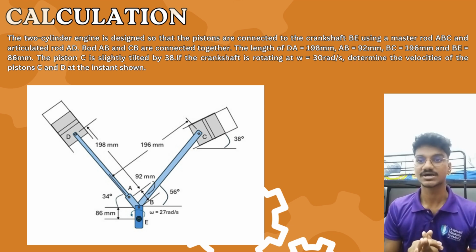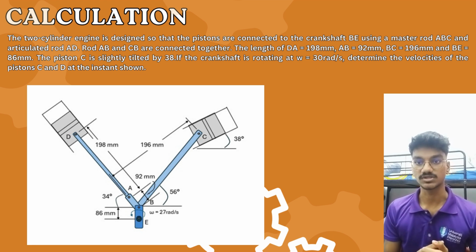So the question is, the two-cylinder engine is designed so that the pistons are connected to the crankshaft BE using a master rod ABC and an articulated rod AD. Rods AB and CB are connected together. The length of DA equals 198 mm, AB equals 92 mm, BC equals 196 mm, and BE equals 86 mm.